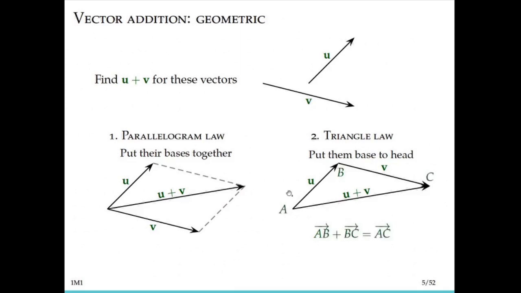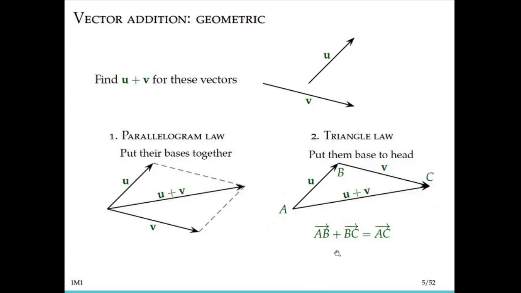Okay, so if we label things in this diagram now, suppose we have the corners of this triangle, A, B, and C, the 3 vertices of the triangle. Then another way to write this is that we have the vector u, which is the vector from A to B. That's AB with the line over it.